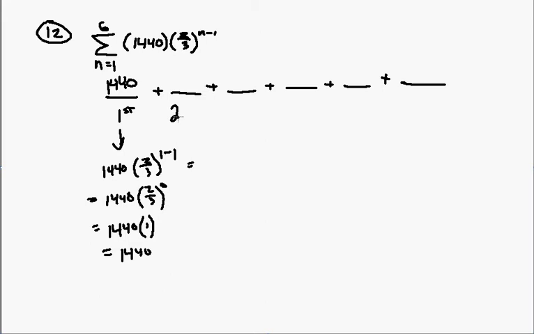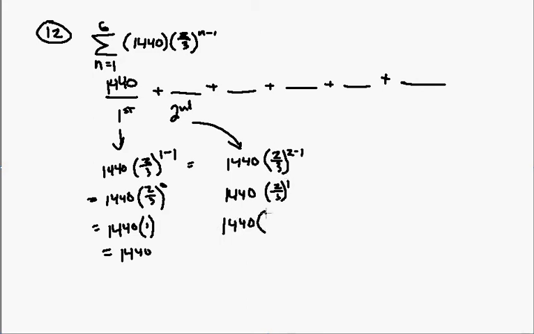So that is the value of our first term. To generate the second term, we're going to let n be 2. So we'll have 1,440 times 2/3 to the 2 minus 1, which is 1,440 times 2/3 to the first, which is simply 1,440 times 2/3.